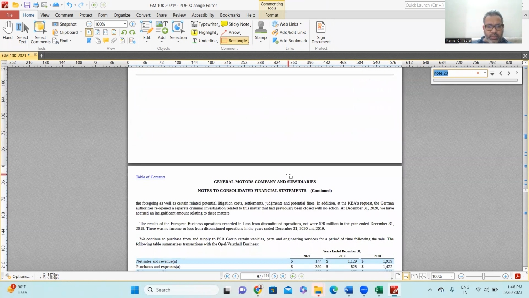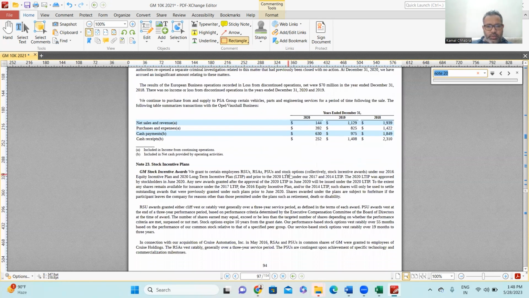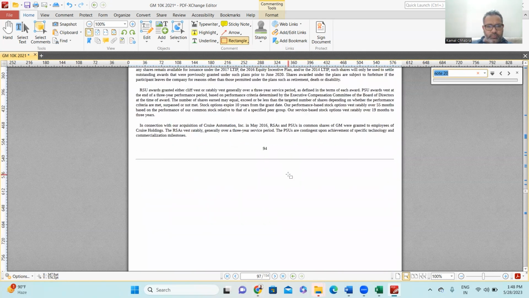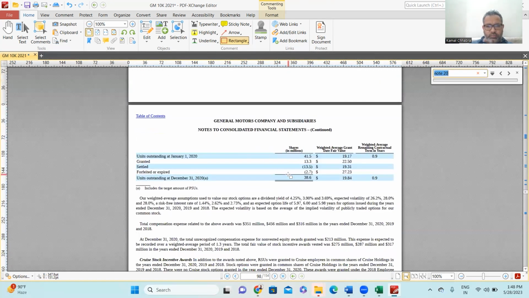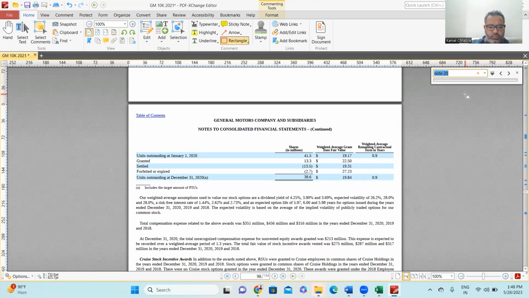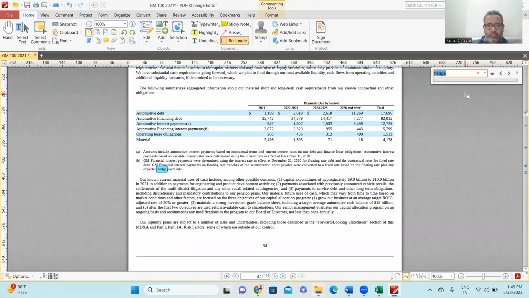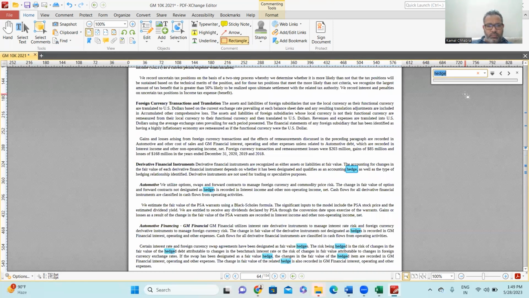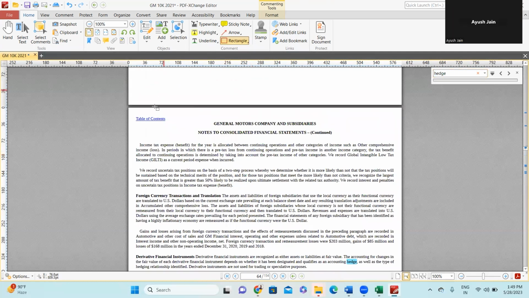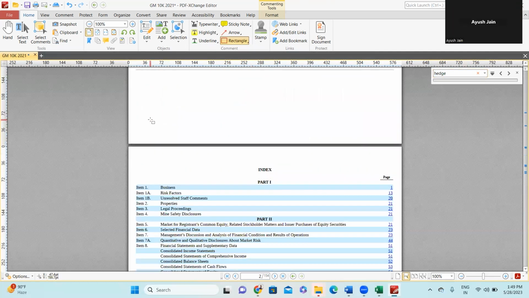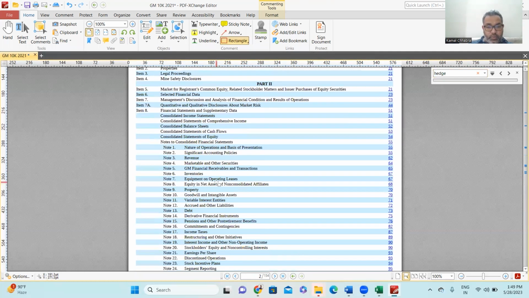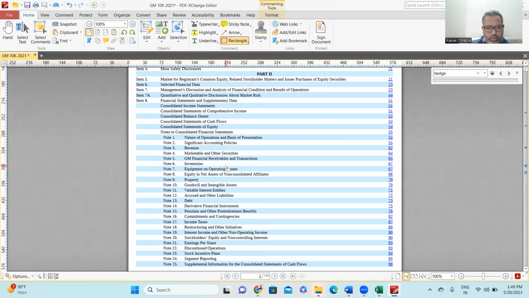Let's see if there is any consolidated detail for the equity. Derivative financial instrument, I think will come over here.